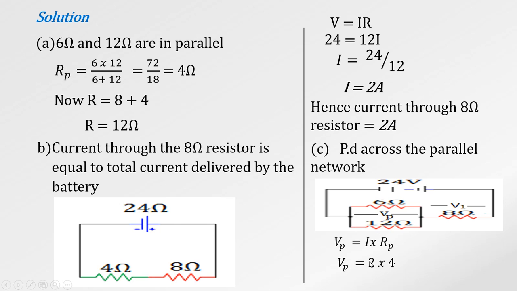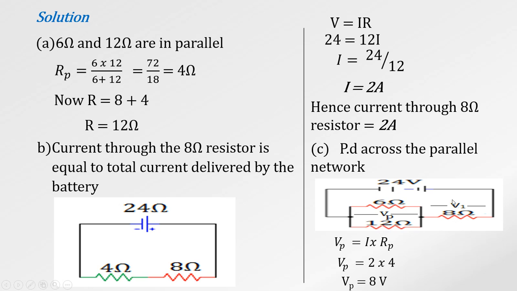So VP is equal to 2, which is the current we obtained, times 4. Not 6, not 12, but the combination which we have got as 4. So times 4, and you get VP is equal to 8 volts. So this PD of 8 volts is the same here and the same here. If this one has obtained 8 volts, the remaining will be here. So out of the 24, what will remain?